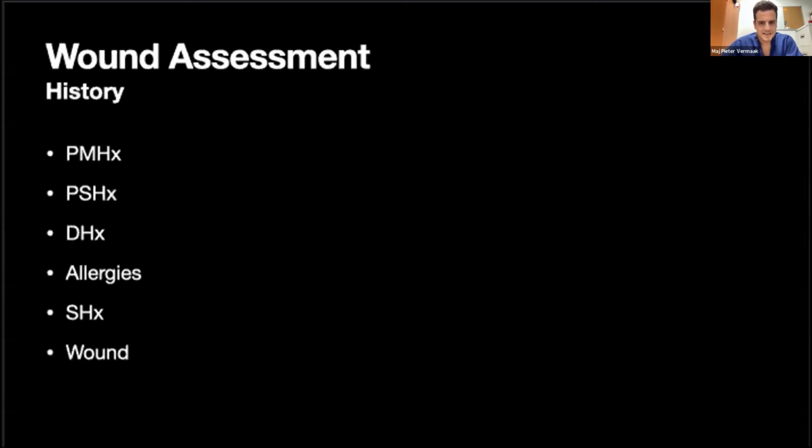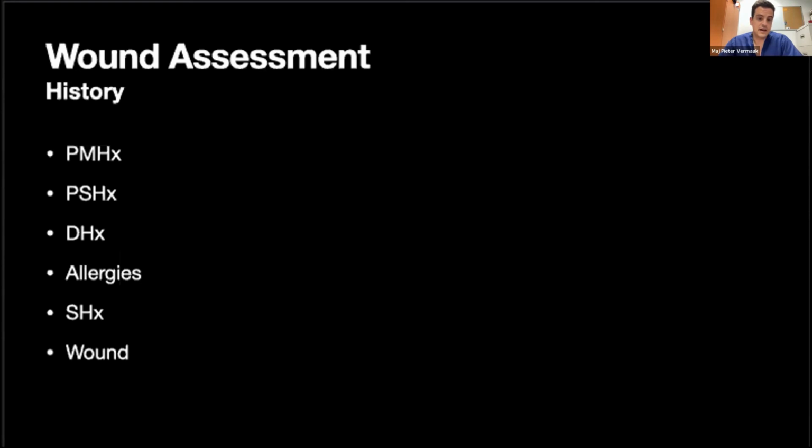In terms of wound assessment, you need to assess the patient and you need to assess the wound. In terms of the patient, you want to look at their past medical history, their past surgical history, drug history, whether they've got any allergies, social history, do they smoke, where do they work, what do they inhale, and that will give you that picture again of all those acquired elements of wound healing, so things that will help you or will not help you, but will make it so that you don't heal well.